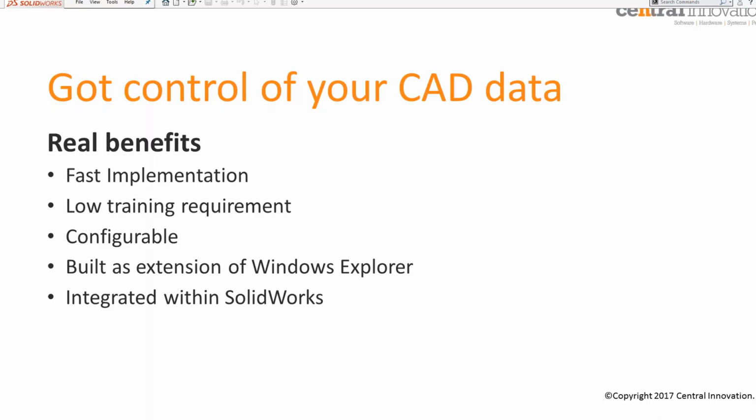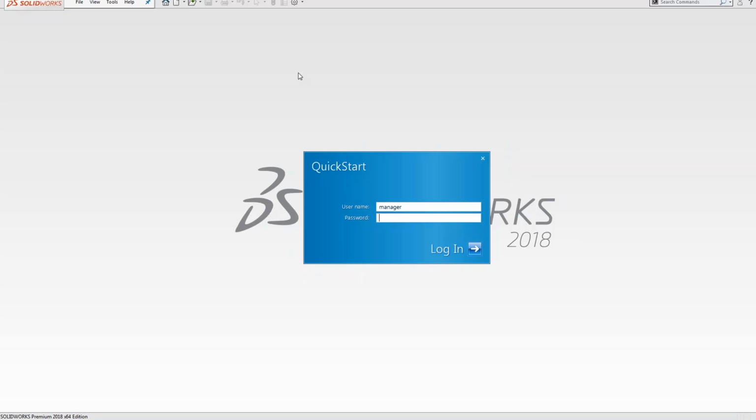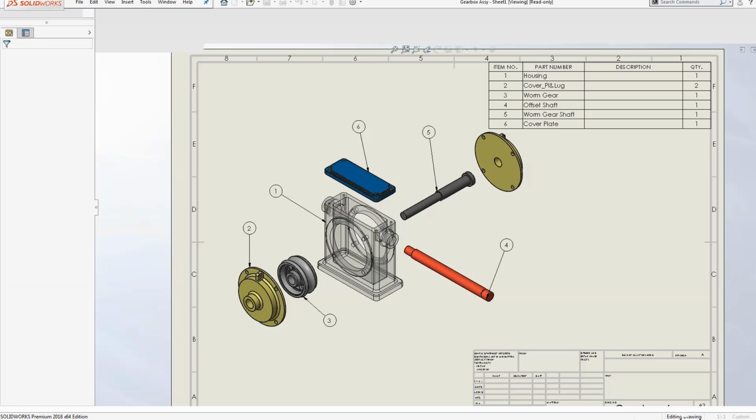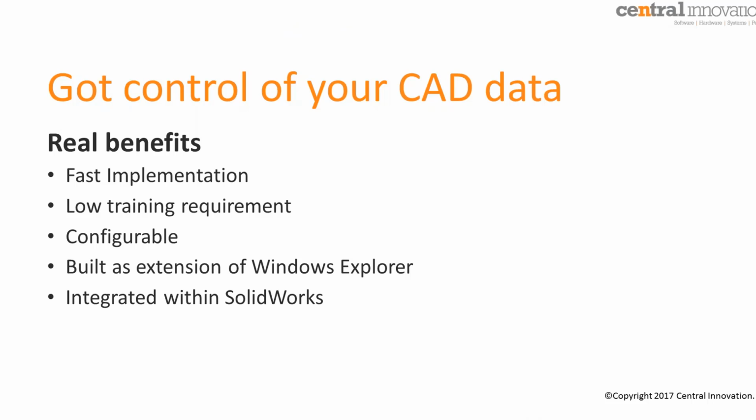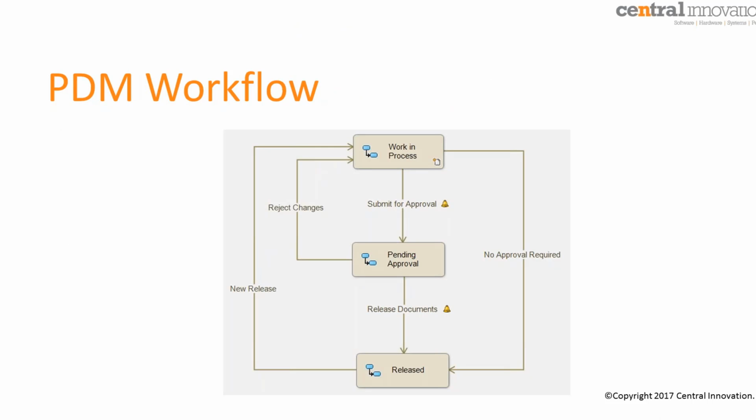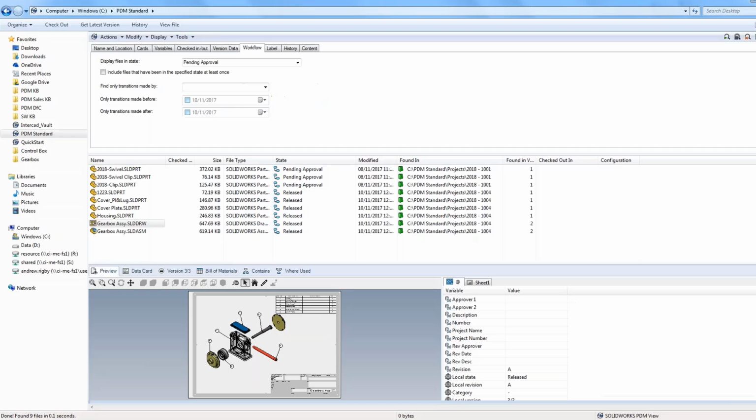The benefits that we've got: fast implementation. SOLIDWORKS might just pop up in the background, but that's because our last step, so going from pending approving to released, is actually going to generate PDFs for us automatically. So that's why SOLIDWORKS just popped up in the background there.